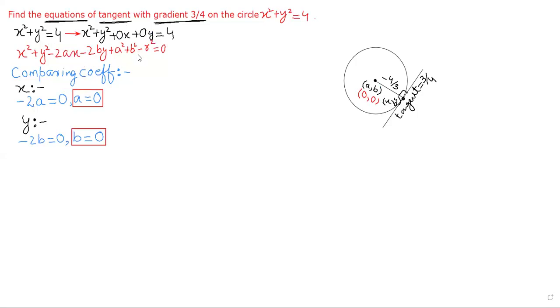Now, last thing, going for my radius. So we know that comparison of the constants: a square plus b square minus r square. Right?